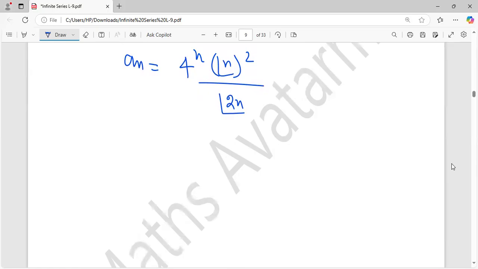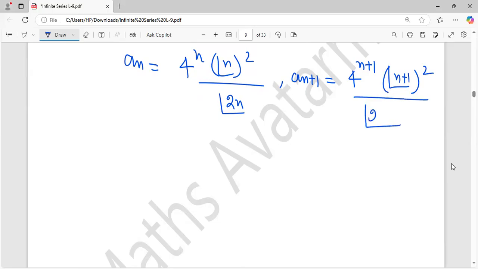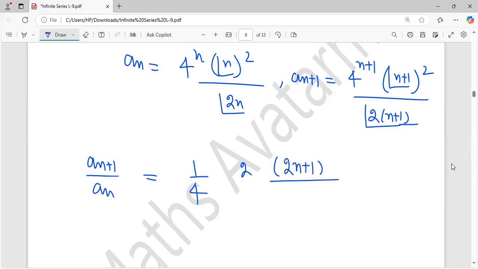So what is a_{n+1}? 4 to the power n plus 1, factorial n plus 1 square upon factorial 2n plus 2. Okay. Now a_{n+1} upon a_n, what is this? This is 4 upon 2 times 2n plus 1 upon n plus 1. Okay. So to cancel, this is 2n plus 1.